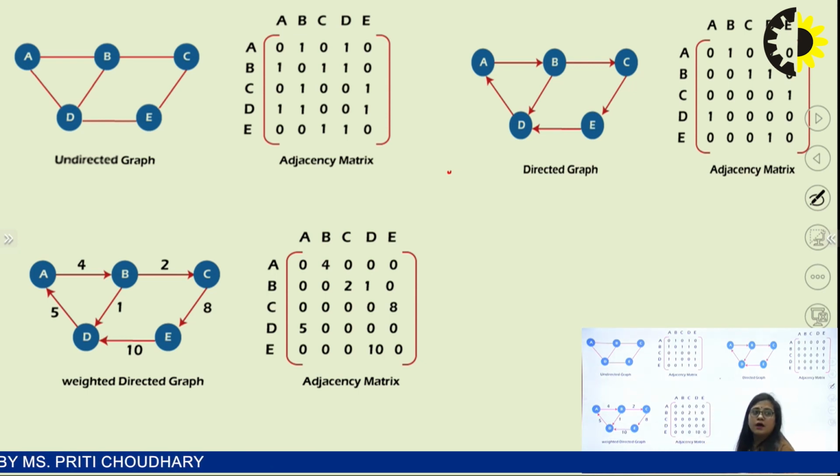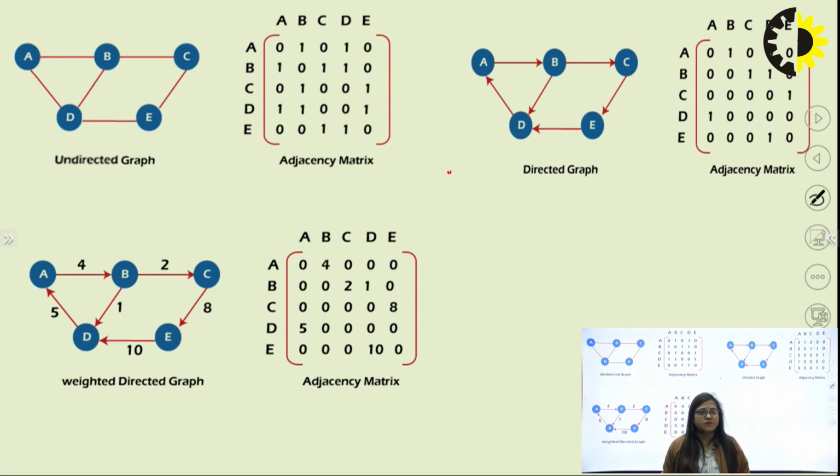So how do we represent it by matrix representation? First of all, check how many vertices are in the given graph. There are 5 vertices, A, B, C, D, E. So make a matrix of dimension 5 by 5, with A, B, C, D, E as the columns and also as the rows.